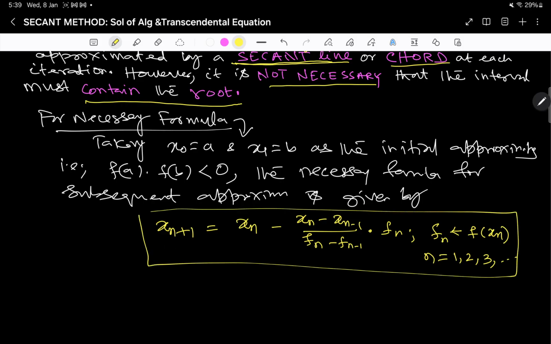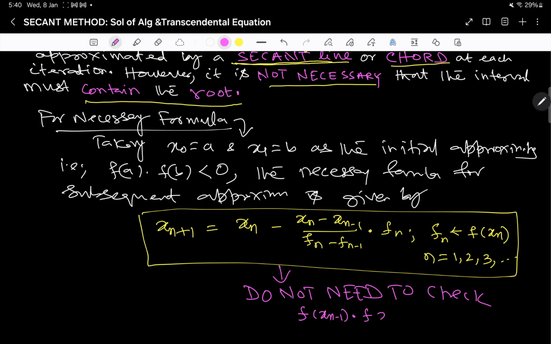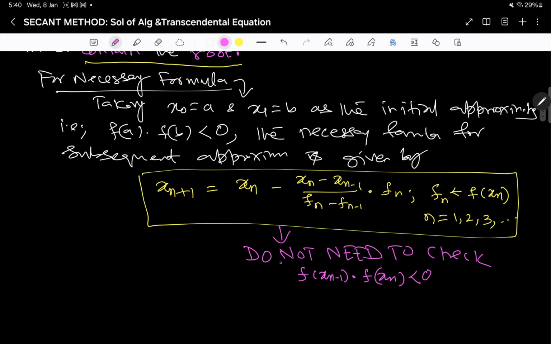Now the most important thing is that we do not need to check whether f(x_{n-1}) into f(x_n) is negative in every subsequent stage.